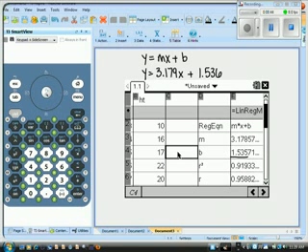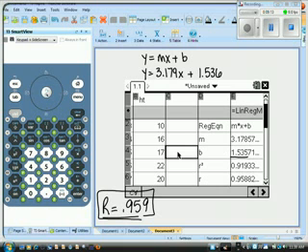Now, you'll notice, though, your calculator gives you something else. It gives you something called an R value. And the R value here is 0.959. That is important, okay? That is called the Pearson something, I'll have to look it up, but it's your coefficient of regression.